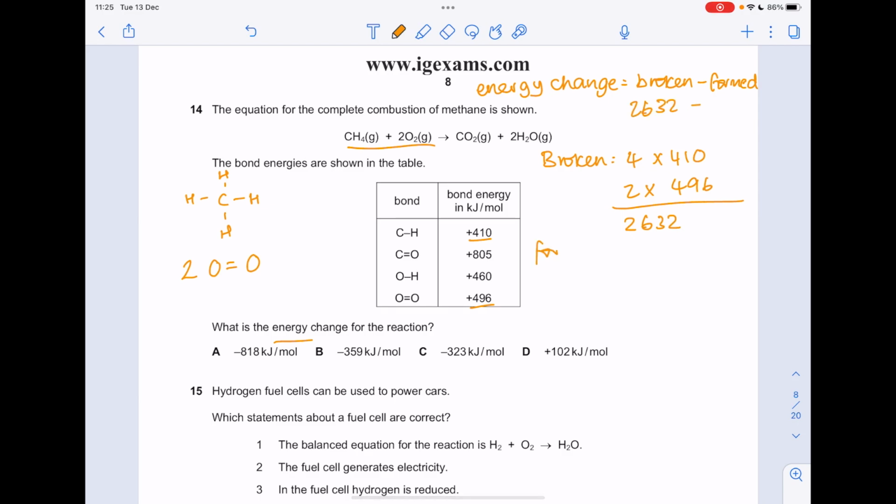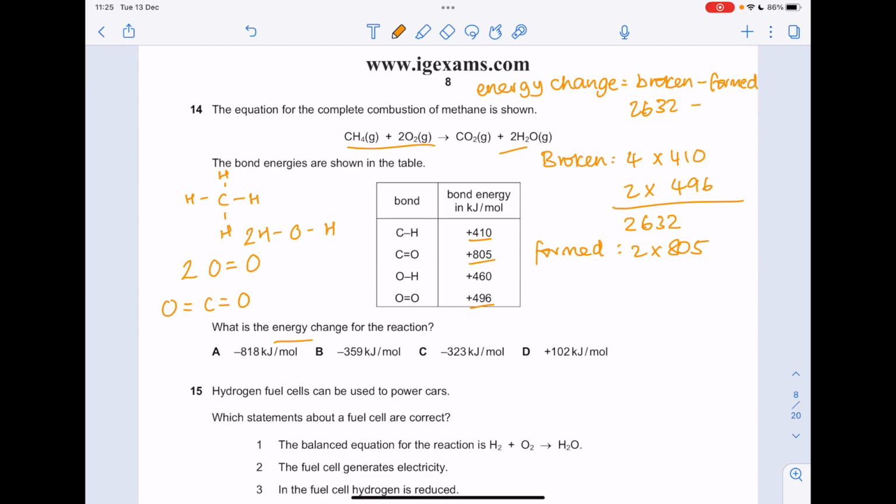What about the bonds formed? We've got carbon dioxide. So that's 2 O double bond C's. And then finally water here.